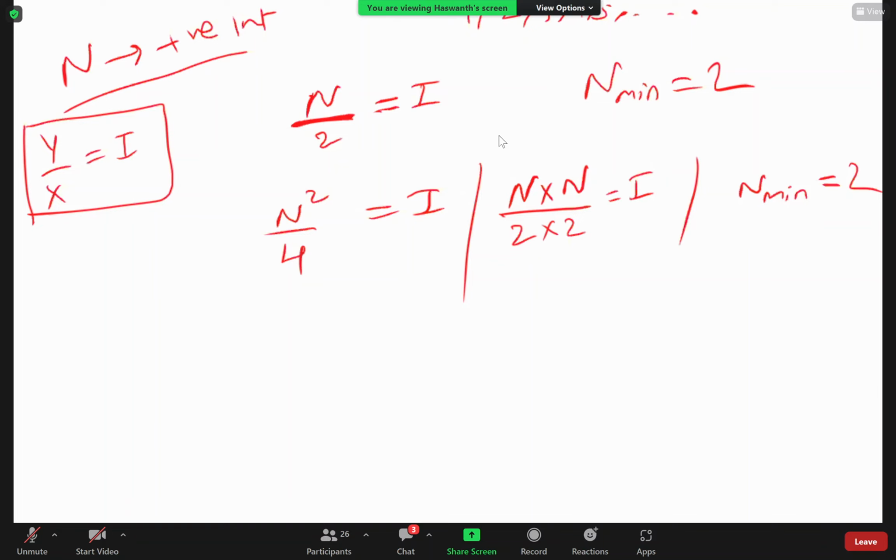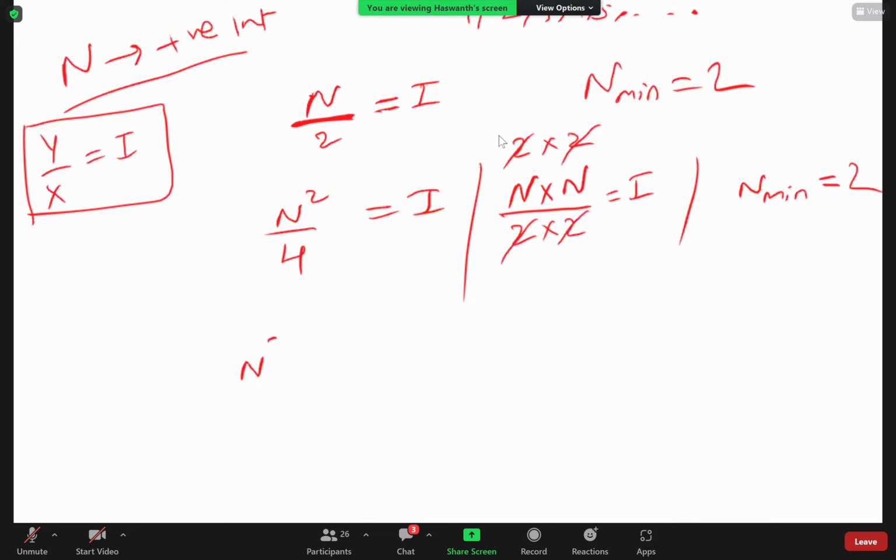It will be equal to an integer only when this denominator gets completely wiped out. So we have to cancel the two 2's present in the denominator. To cancel them, n must have at least one 2 in it. Then n square, n into n, gives 2 square. If n has one 2, n square will have two 2's. Two 2's got cancelled. Work is done. We say the minimum value is 2.